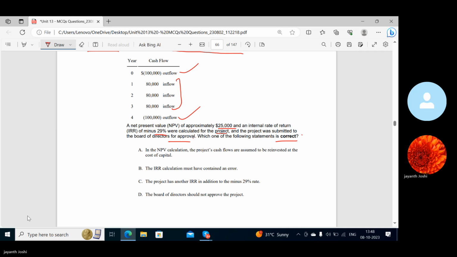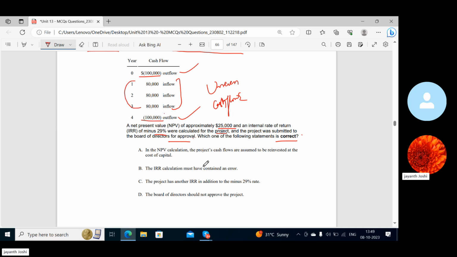See, the problem with such kind of questions is this is a question of uneven cash flows, right? What do you mean by uneven cash flows? There is a negative cash flow, then there are positive cash flows, there is again a negative cash flow, correct?